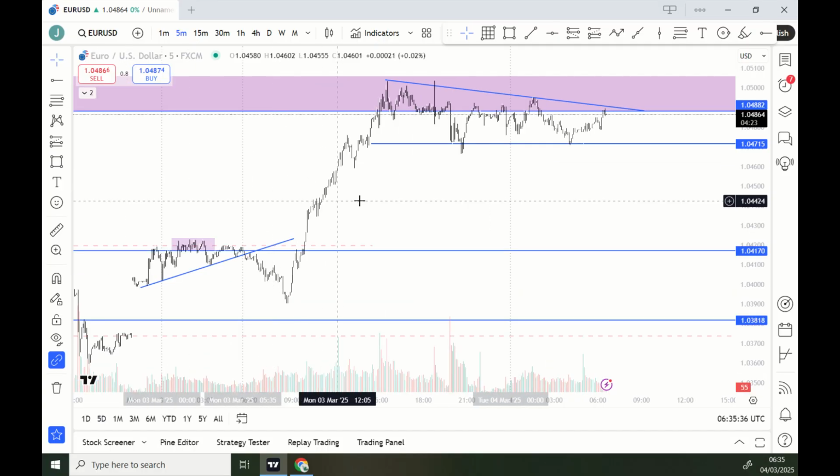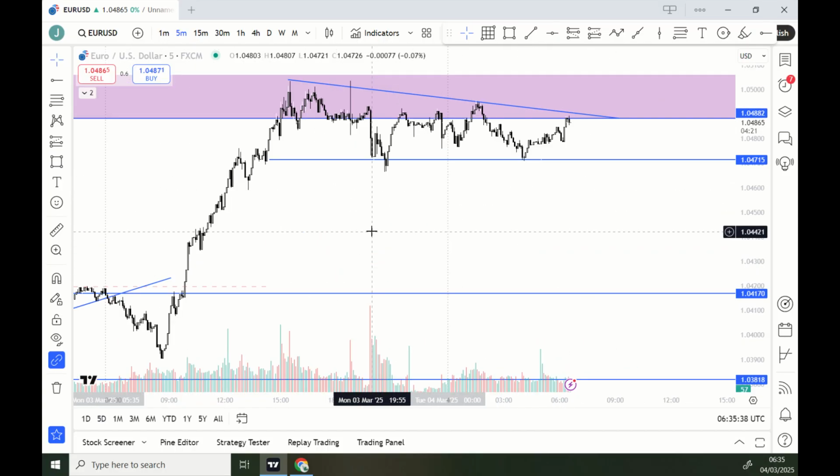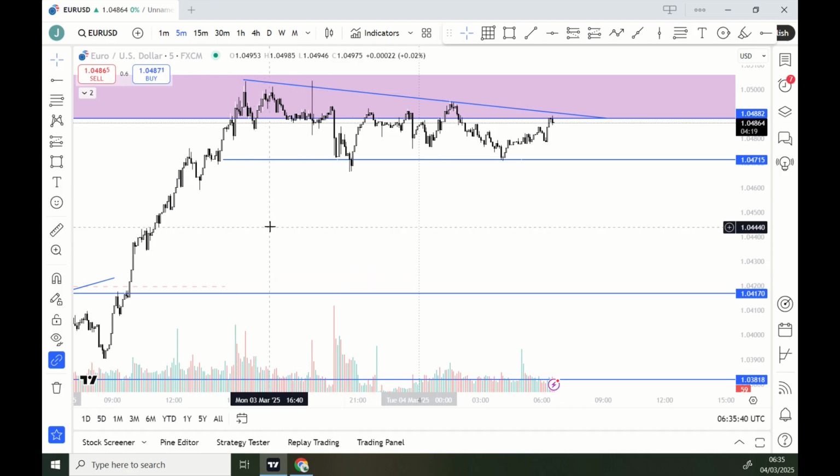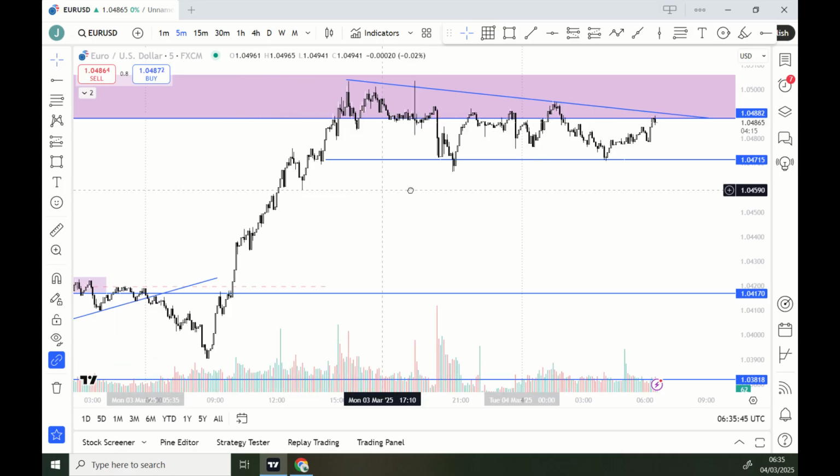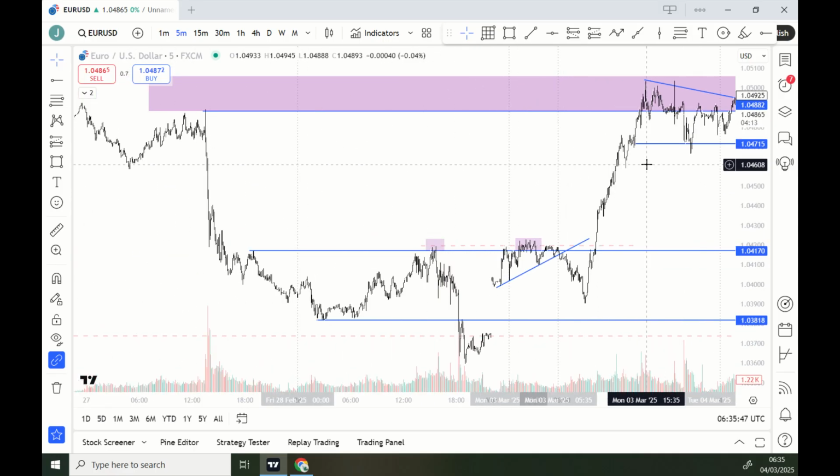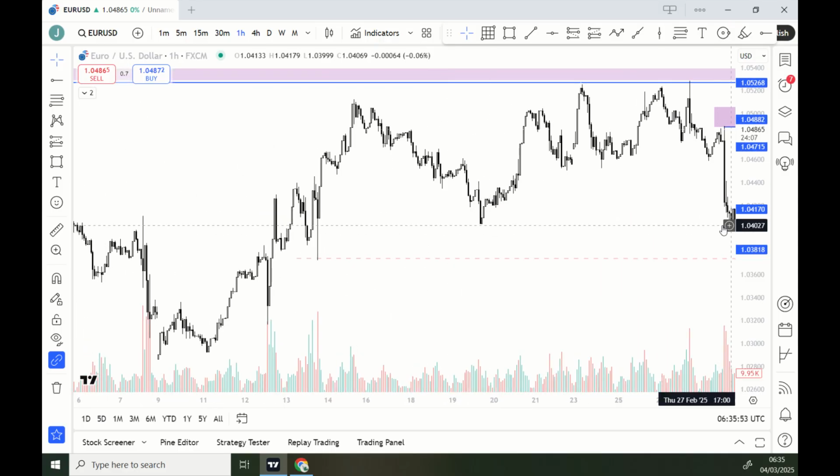Price comes up. This area here, I can't see anything happening around this area. There's nothing over this area that shows me. There's a little bit here. Nothing major along this line. Let me see. Yeah, I go onto the 1 hour chart.